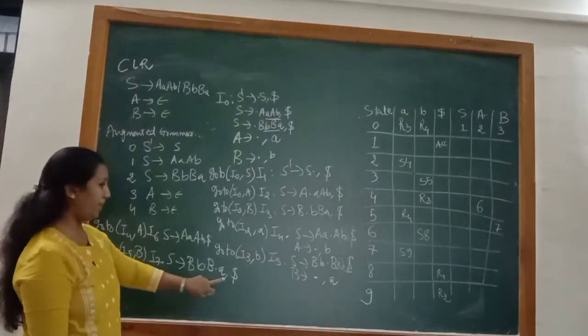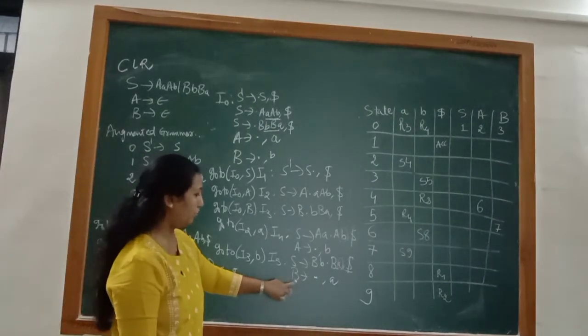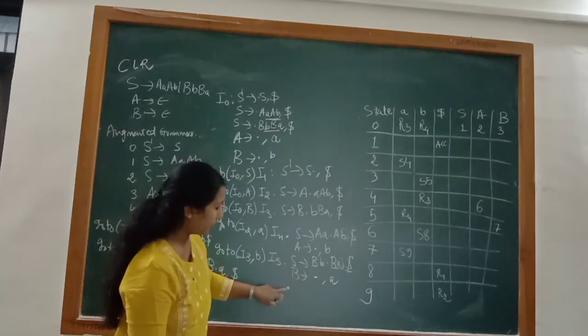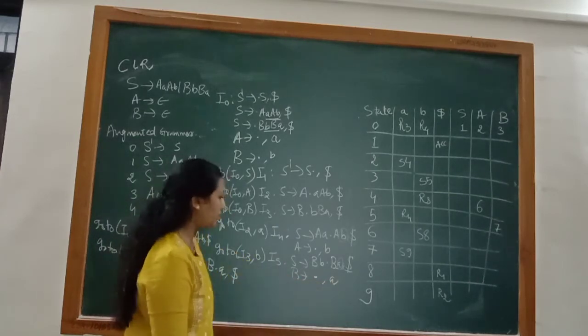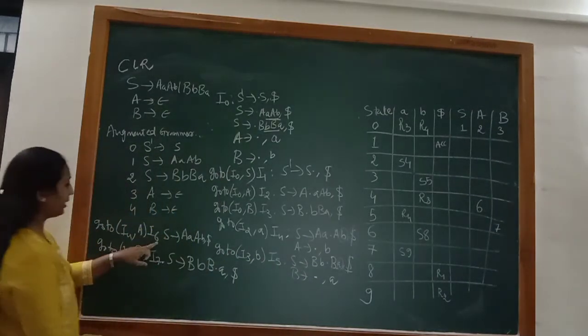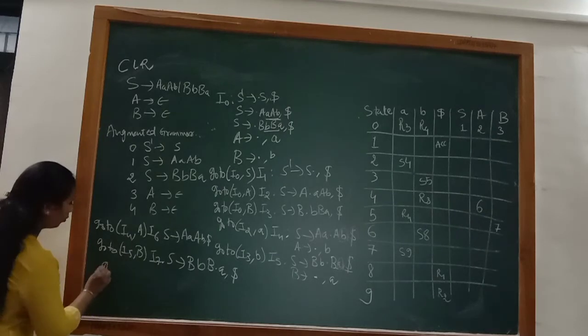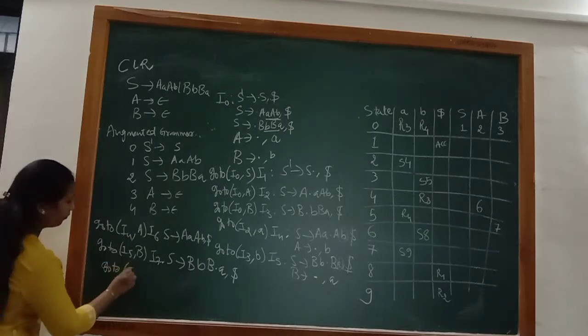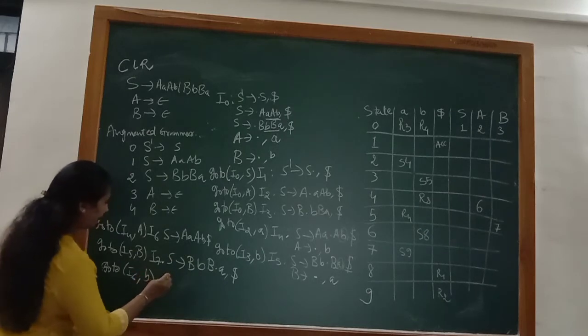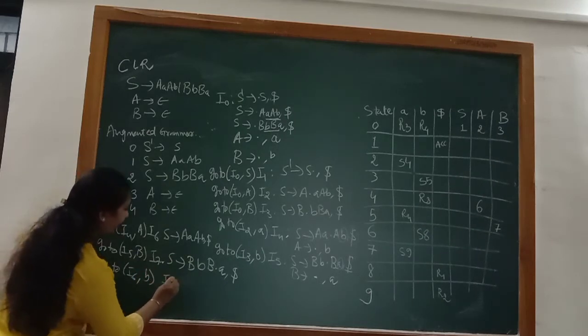Okay, so up to I5 is done. The next possible symbol in I5 is no other symbol because this production is completed. Okay, now we have done up to I5 and now check I6. Okay, so go to I6, small b will get the new state called I8.